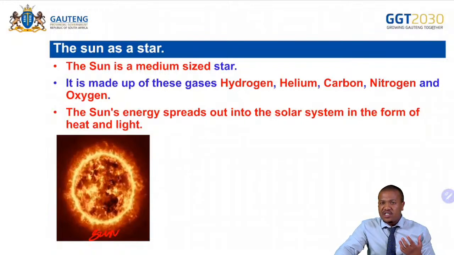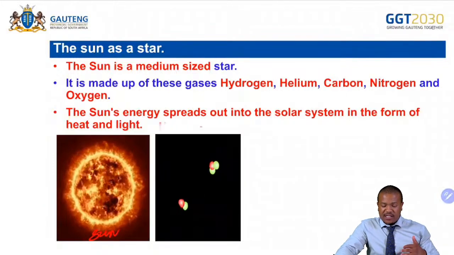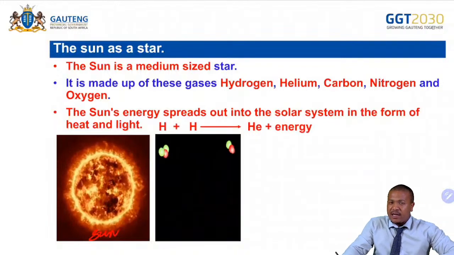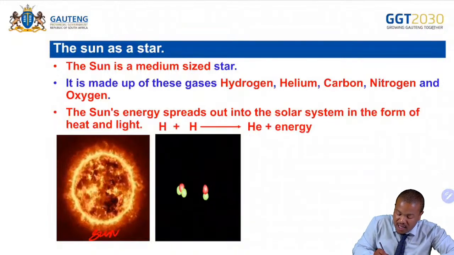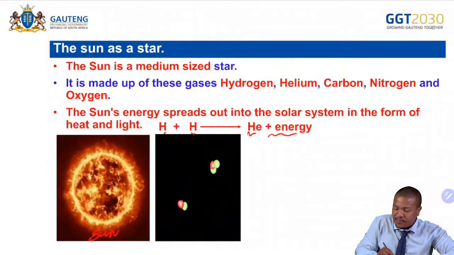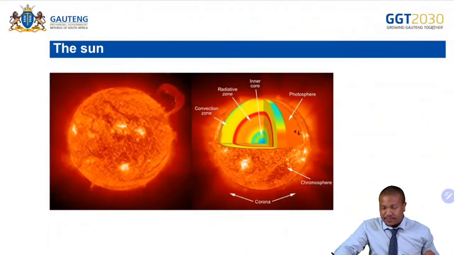There's nuclear fusion taking place, more and more hydrogen being fused together to form what? Helium. Together. So as we can see from our chemical reaction here, hydrogen reacting with hydrogen to form helium and energy, right? This all happens in the core of the sun.